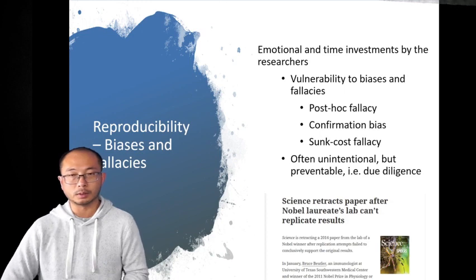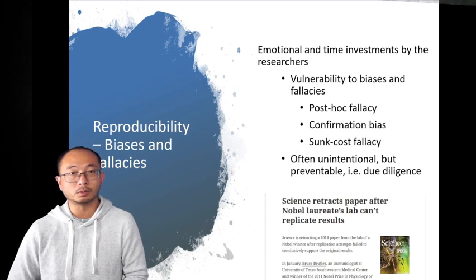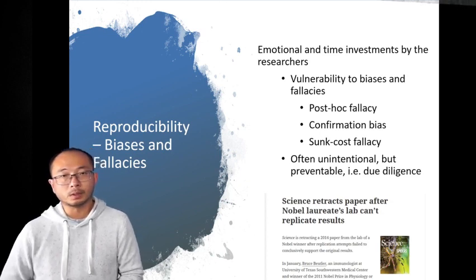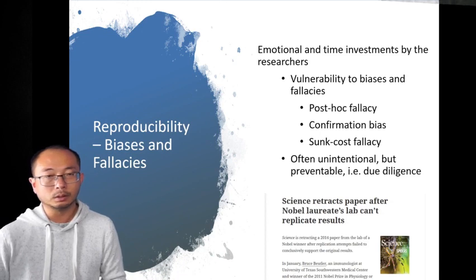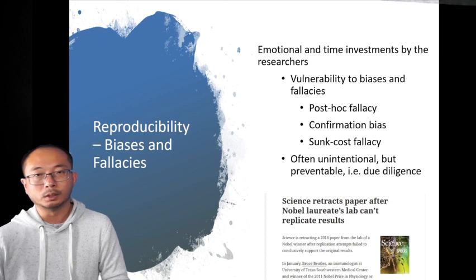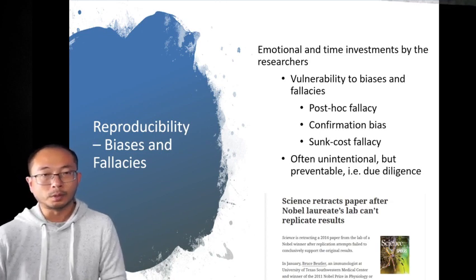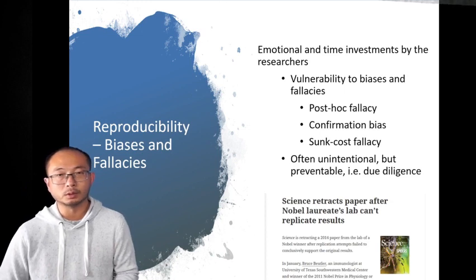I think everyone's human, so we can see that in this case, Science retracts the paper of a Nobel laureate because they can't reproduce the results. Reproducibility is one of the ways that helps us to avoid problems in our research and problems in our dissemination.